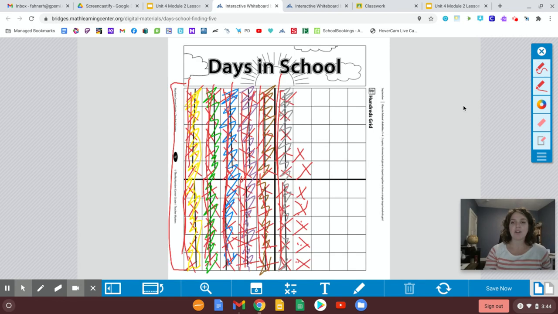Let's take a look then, and we're going to add our day to our chart here. So if we were counting by tens, we would have 10, 20, 30, 40, 50, 60, and now we have to count on by ones. 61, 62, 63, 64, 65, 66, 67, 68.